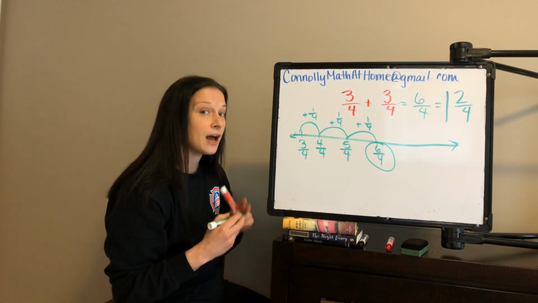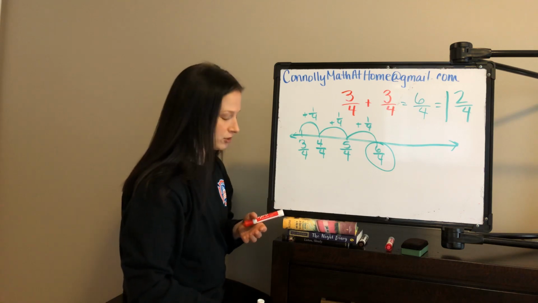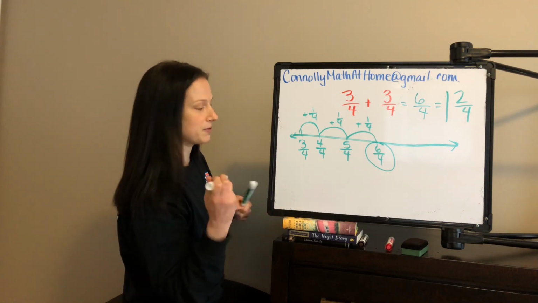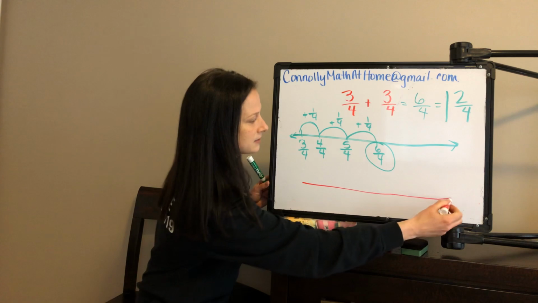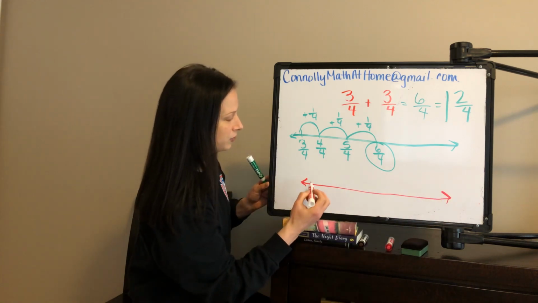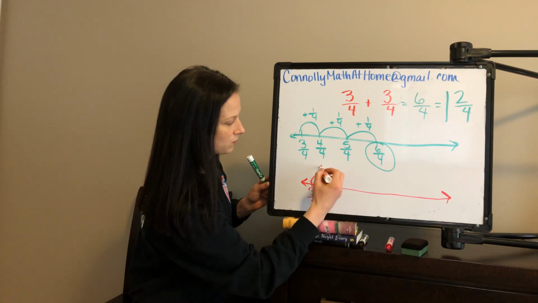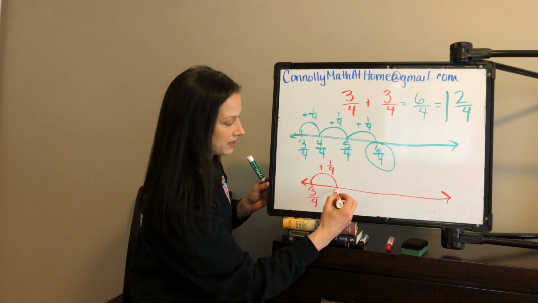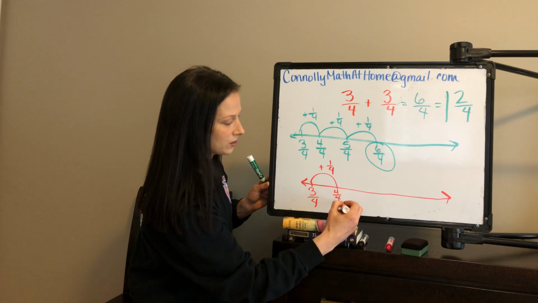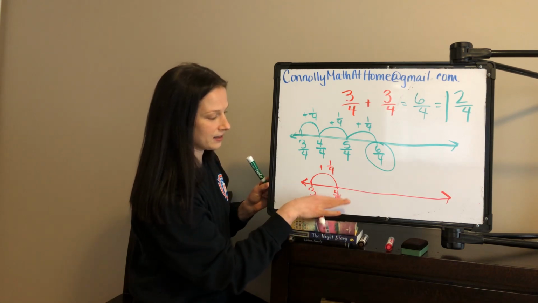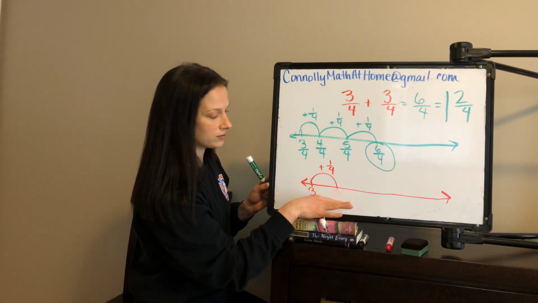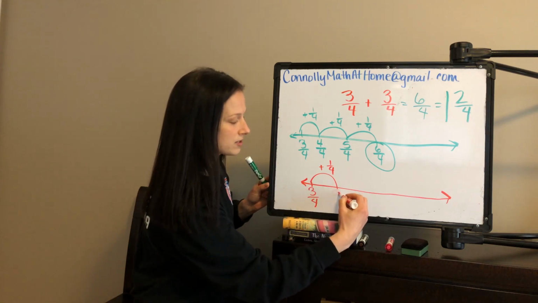Okay? Another thing that might be helpful to do, and we'll do one more example of this after, is if you know that 3/4 plus 1/4 makes 4/4, you can also label that 1 because you know 4/4 is a whole.